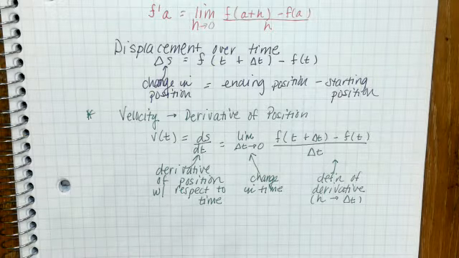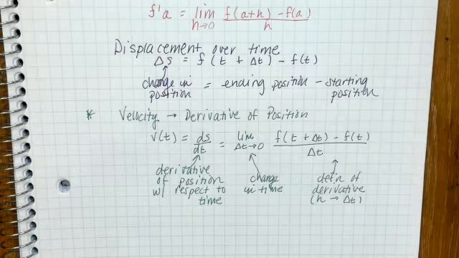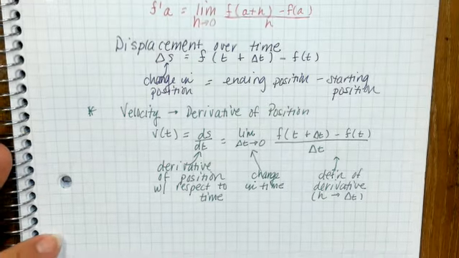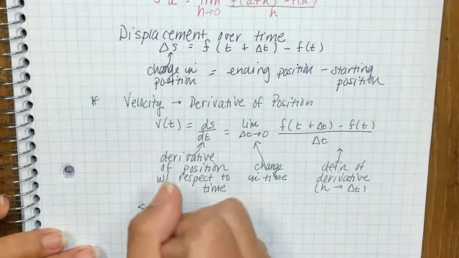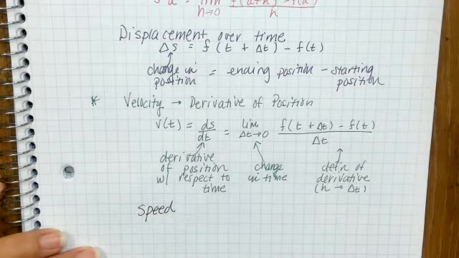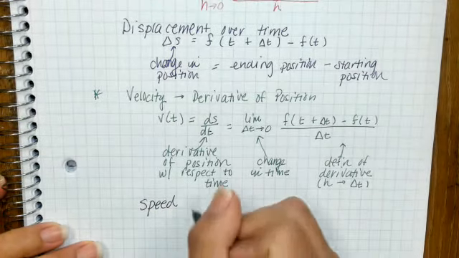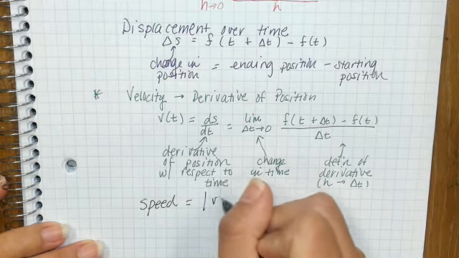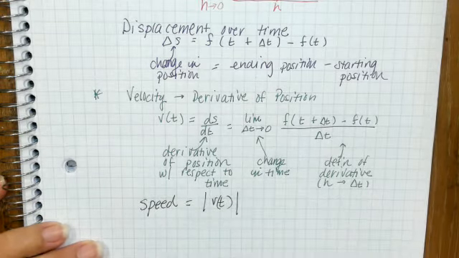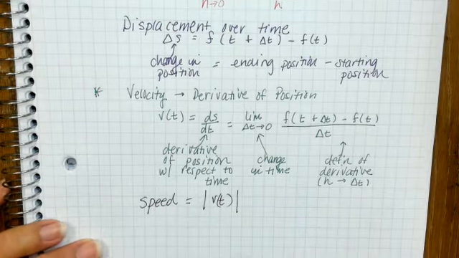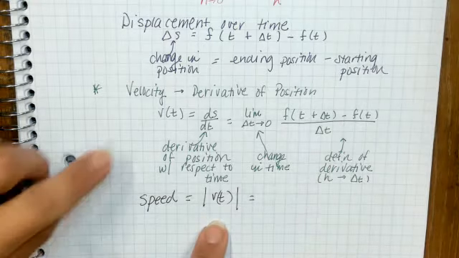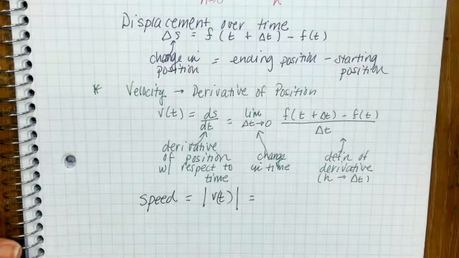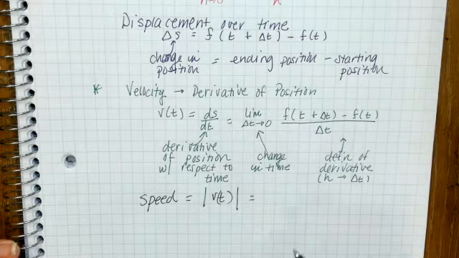Okay, clearly what I'm doing is going through a bunch of the definitions. And of course, watch the video, pause if you need to. Velocity and speed are not the same thing. Speed is the absolute value of velocity. We just figured out that velocity is the derivative of position with respect to time.